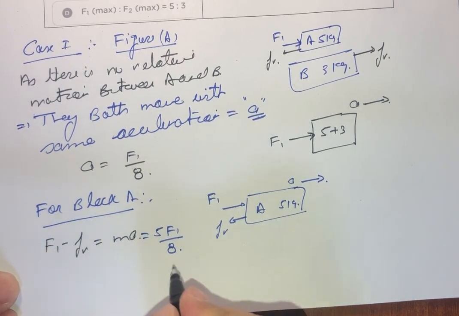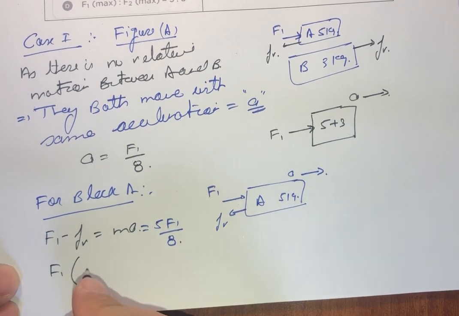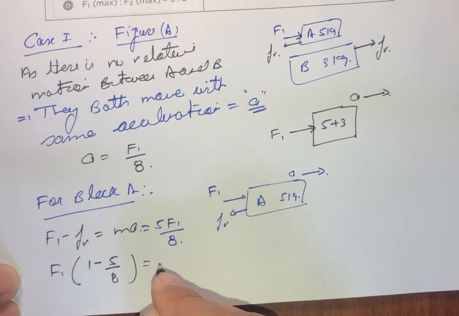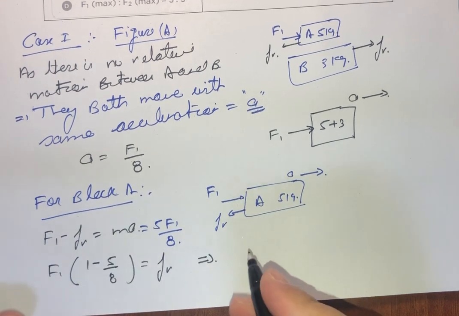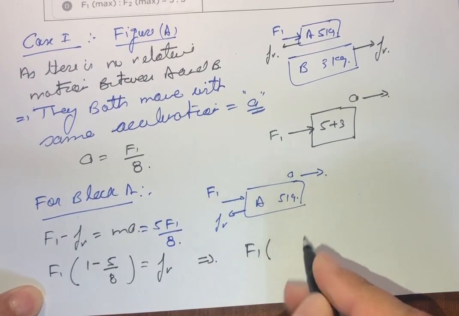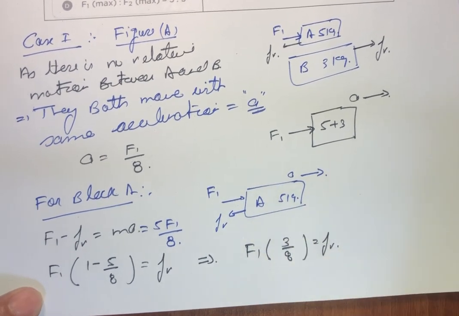So we can further solve it. Taking F1 as common, this will be F1 times (1 minus 5 upon 8) is equal to Fr. From here we can say that F1 is equal to 8 upon 3 Fr.